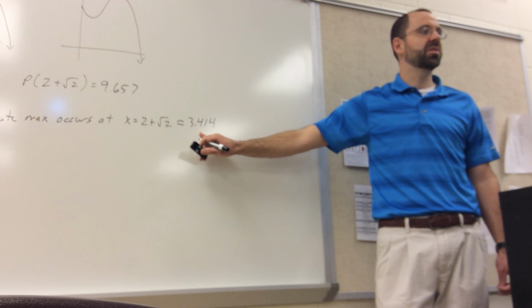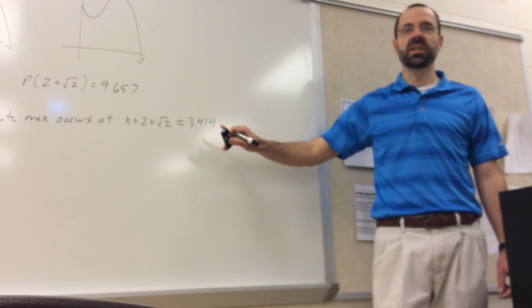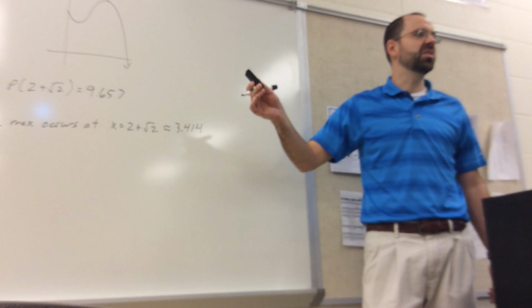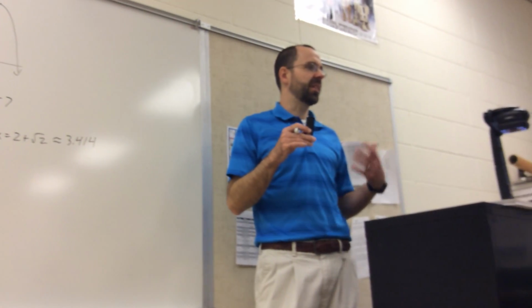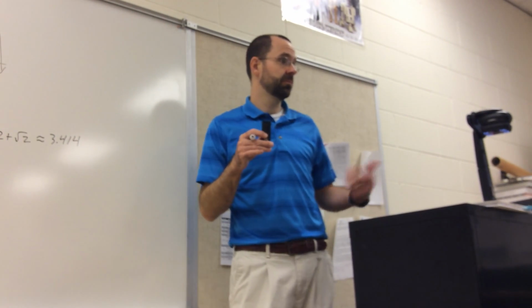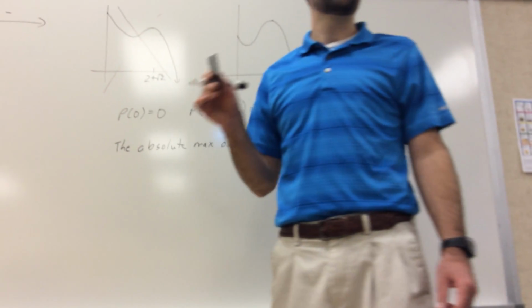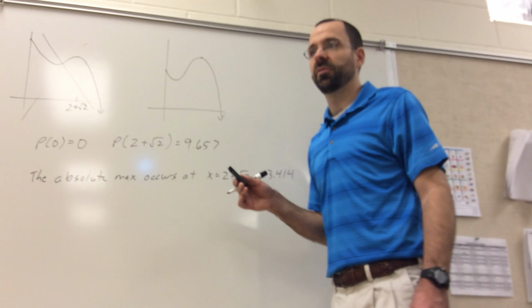And my memory is starting to get jogged a little bit. I didn't mention at the beginning, x is supposed to represent thousands of frisbees. So go back to the original problem and write that down. X represents thousands of frisbees.